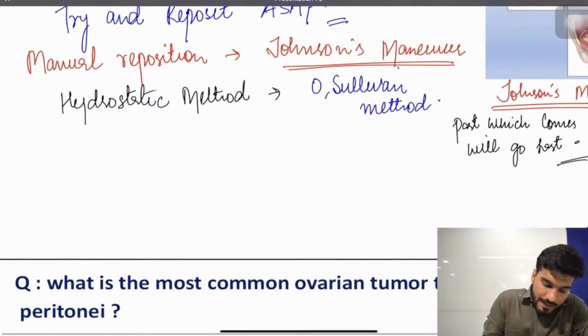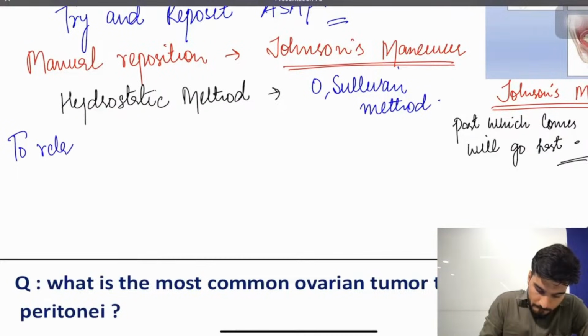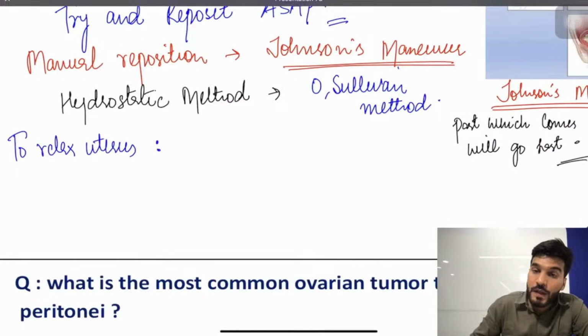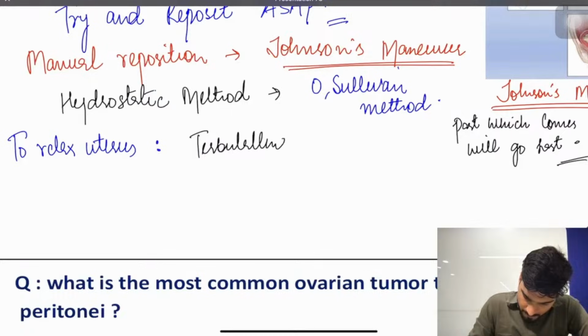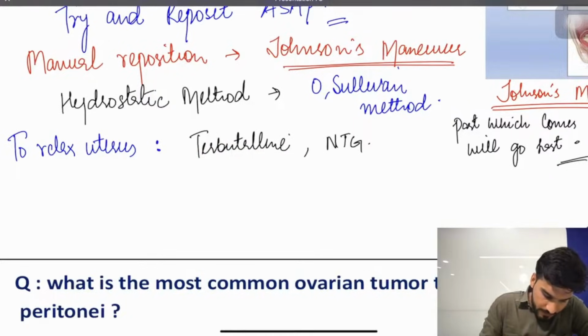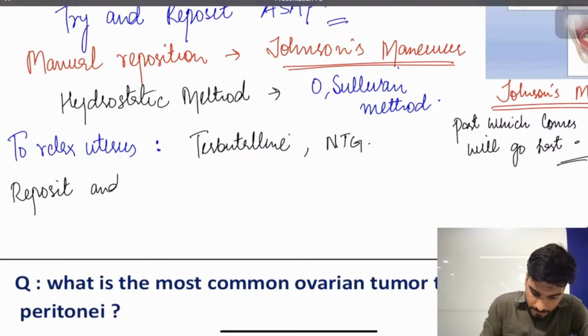After that, to relax the uterus, give drugs like terbutaline and nitroglycerin. Then repose it.